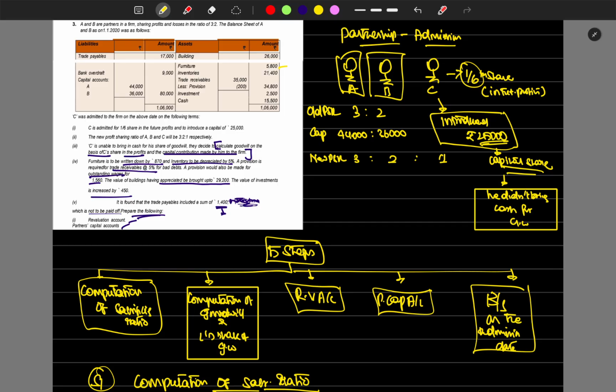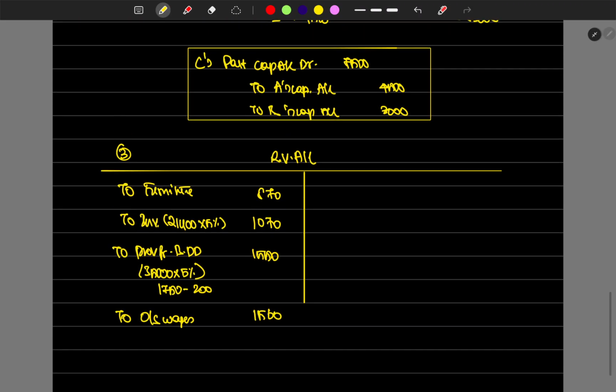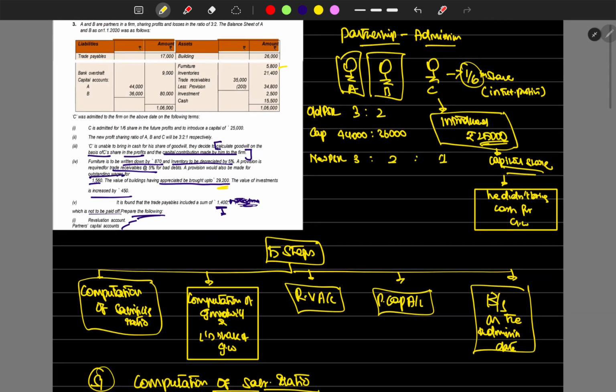Buildings having appreciated to 29,200. Existing building balance is 26,000. So appreciated to 29,200, which is 26,000 minus 29,200, which is 3,200 is the appreciation value.